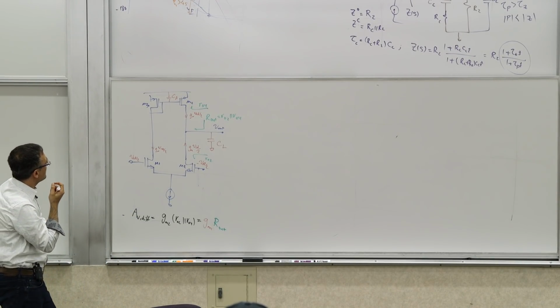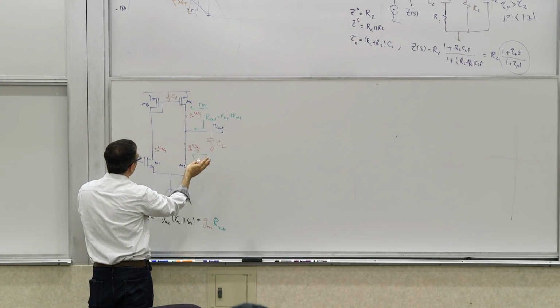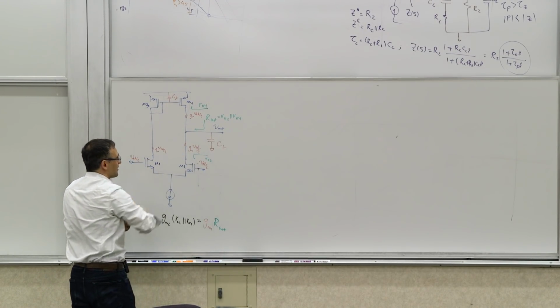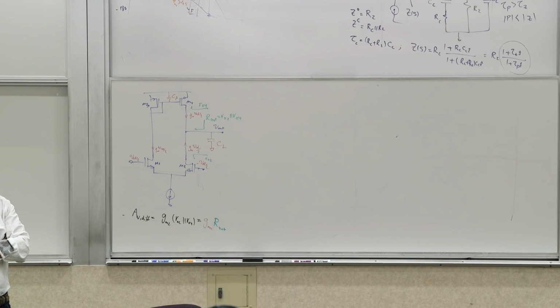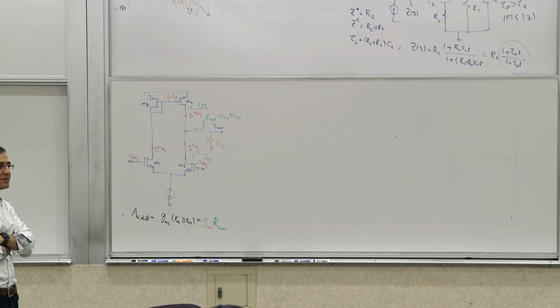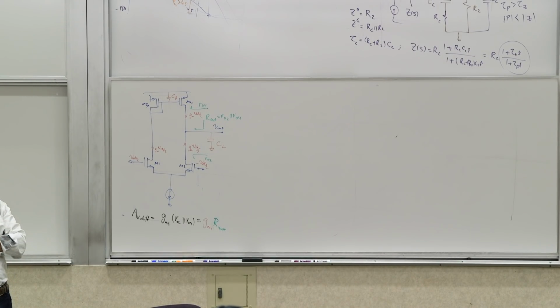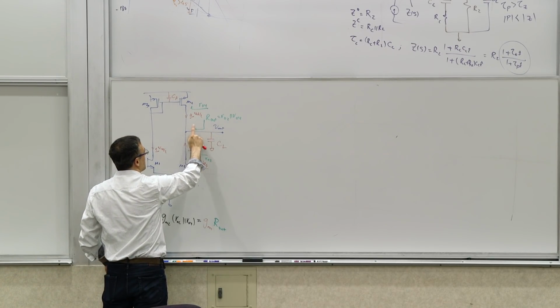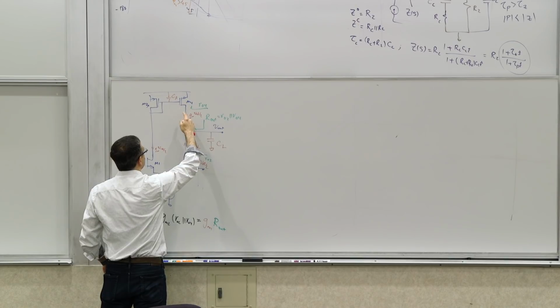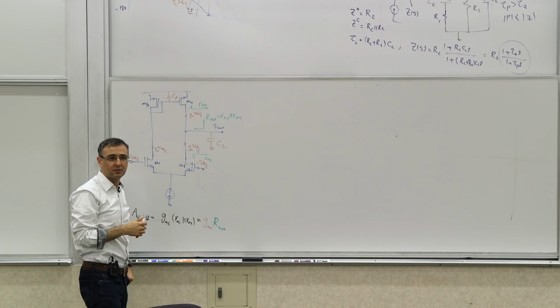But other than that, we also have two time constants here. Now, are these two time constants coupled or uncoupled? Does shorting or opening one change the resistance seen by the other one? No, right? Because the resistance seen by this one is RON parallel ROP, regardless of whether or not this is AC ground.